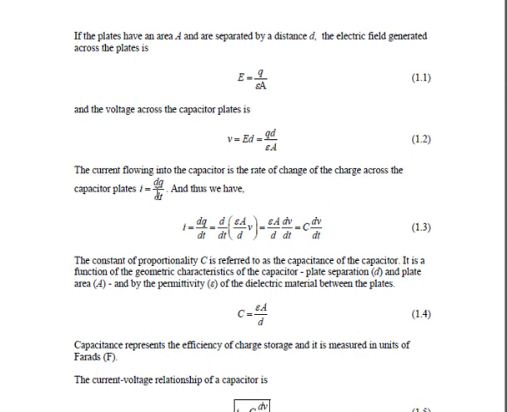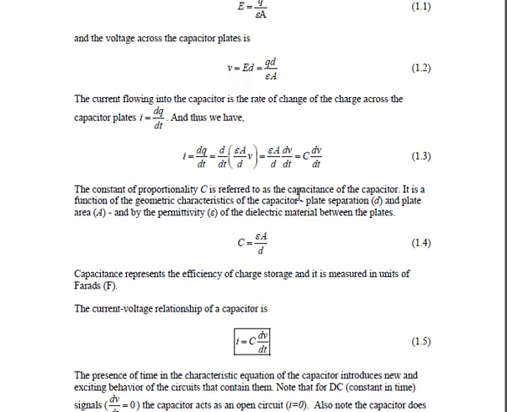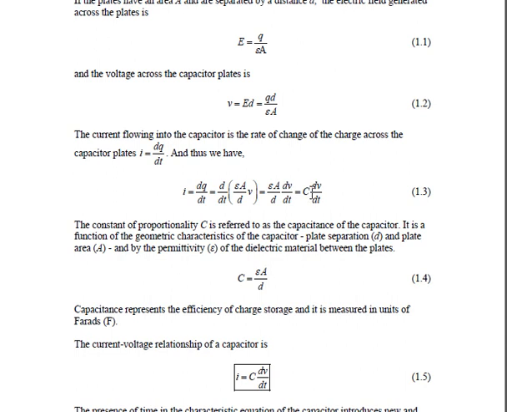By substituting the value of q, solving for q here, we can now have this one. Therefore, the current across the capacitor is equal to C dV over dt.